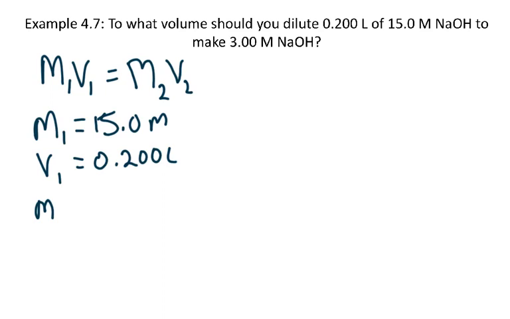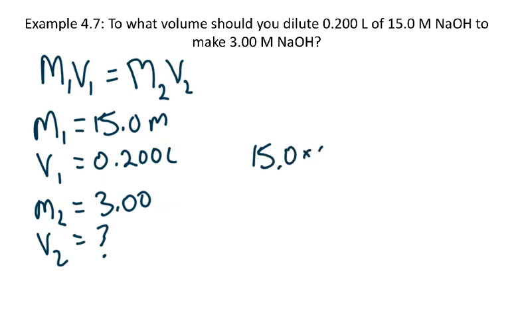We know we want our final molarity to be 3 molar. We don't know our V2. So what we're going to do is simply plug in the numbers. 15.0 times 0.200 is equal to 3 times V2.